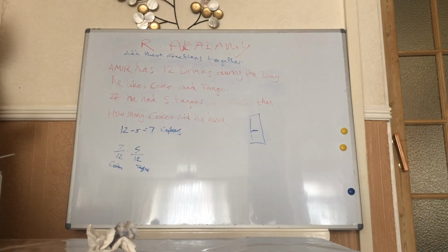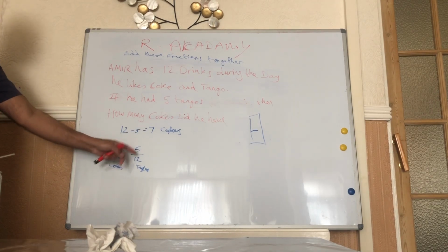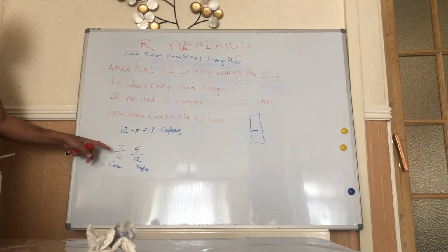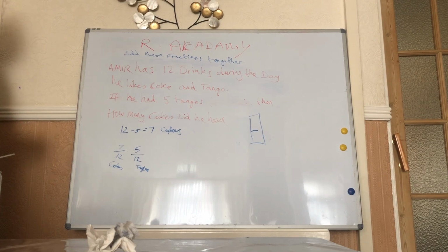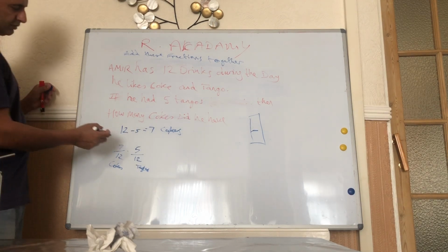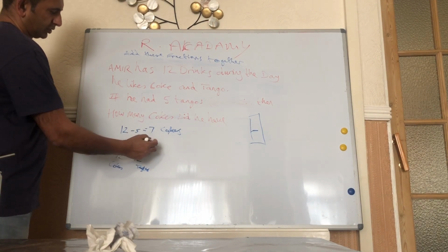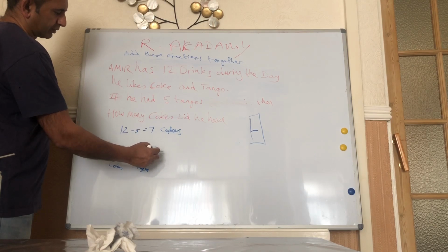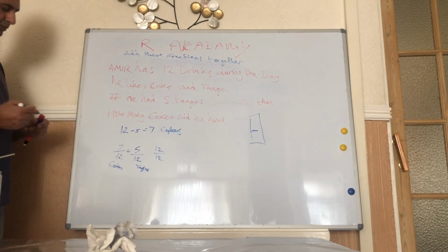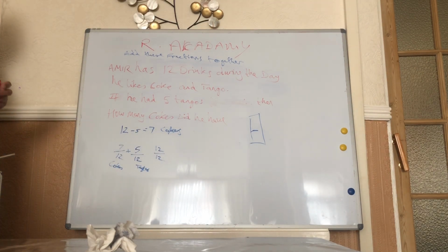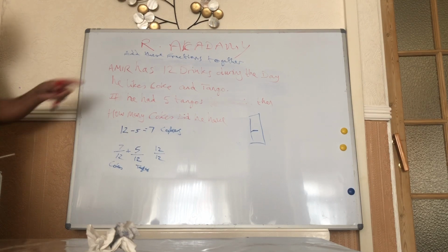Yeah? So Tangos is 5/12 and Cokes is 7/12. So if we added them together, you would get 12 out of 12, which is basically the 12 drinks.